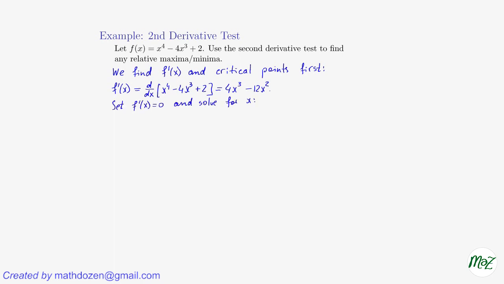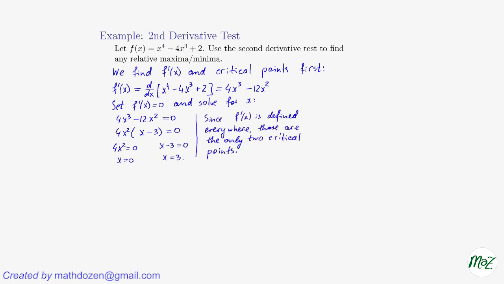We set the derivative equal to 0 and solve for x: 4x cubed minus 12x squared equals 0. Factor out 4x squared, there is x minus 3 left. So we get 4x squared equals 0 and x minus 3 equals 0. The first equation gives us x equals 0, the second gives us x equals 3.